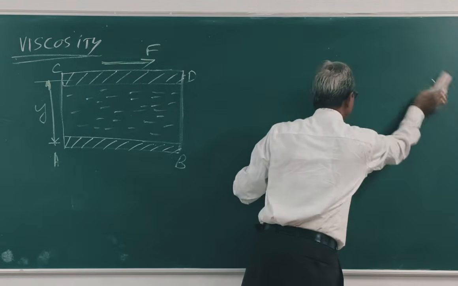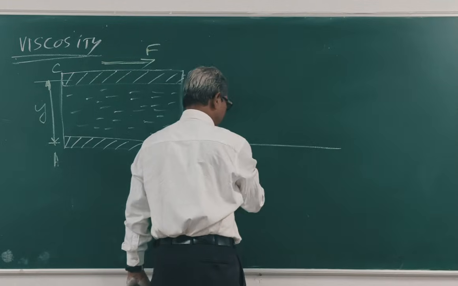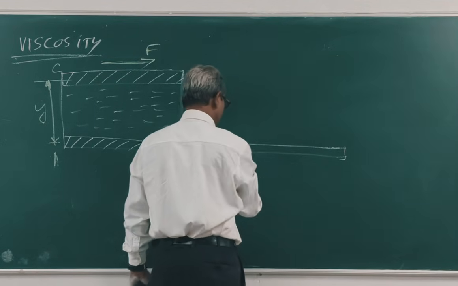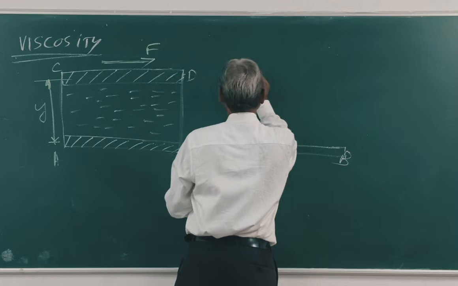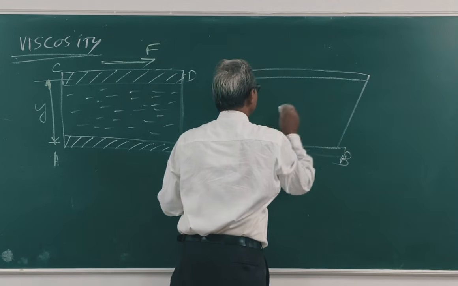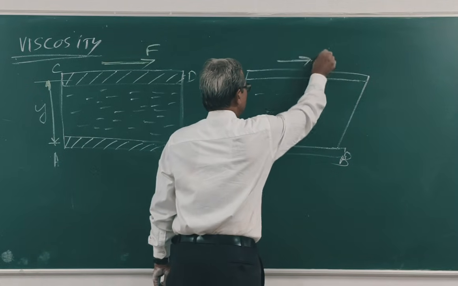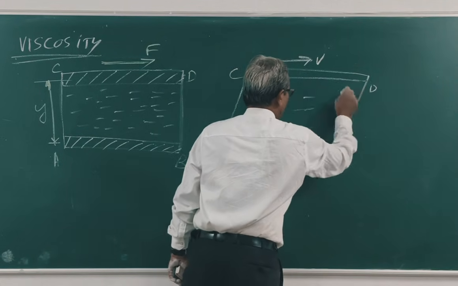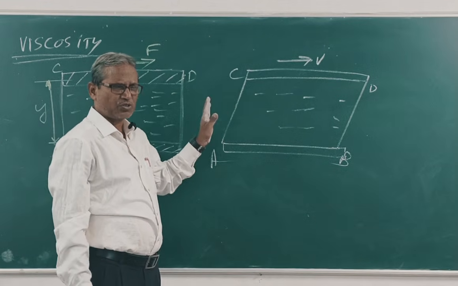So, this is lower plate AB, this is upper plate CD. The upper plate moves with velocity v. Clear? So what is F? Shear force.